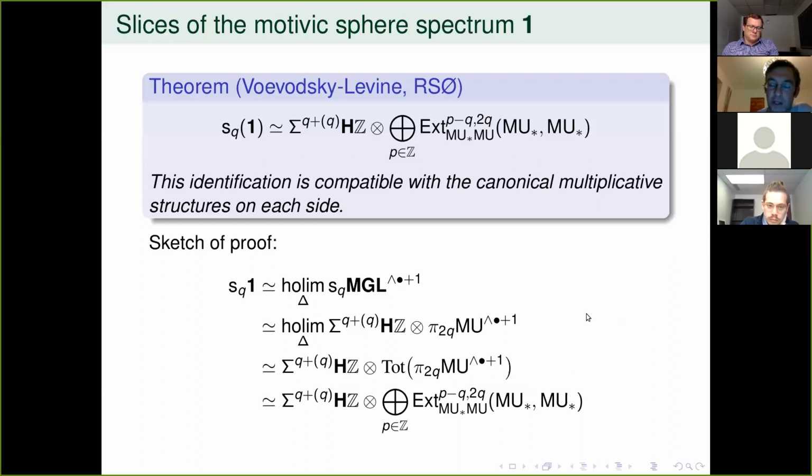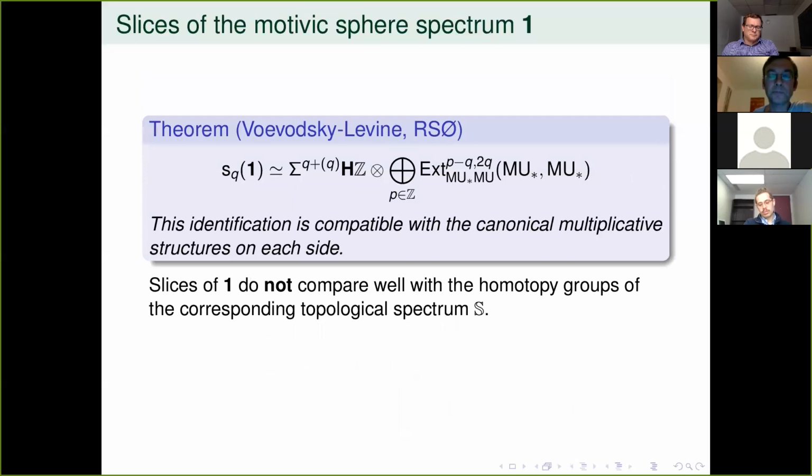And since a chain complex of abelian groups is quasi-isomorphic to its homology, this gives you the computation. So in some sense, it's rather straightforward. This says nothing about the multiplicative structure; you have to write down an appropriate diagram, and nothing goes wrong there.